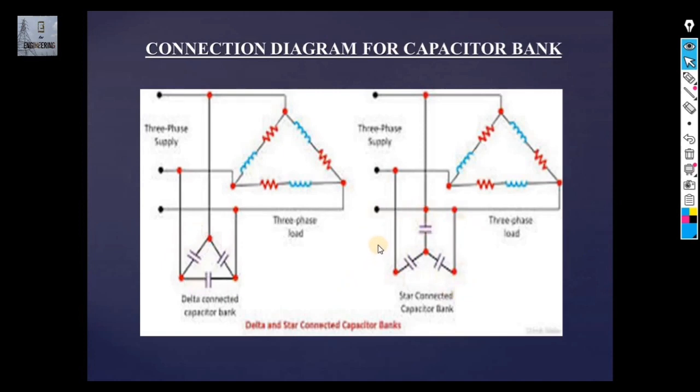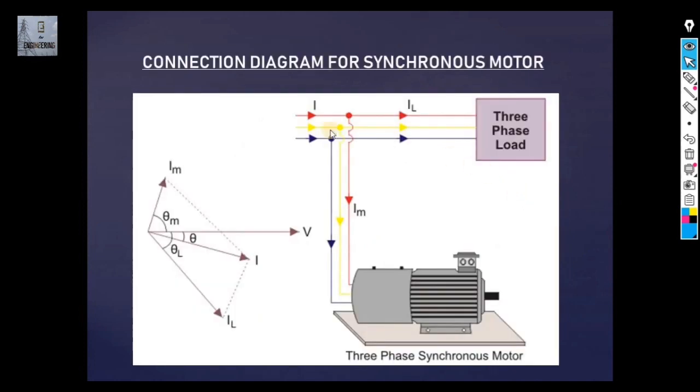One point is that the capacitor bank is used for both single phase and three phase circuits, but the other two methods, the synchronous motor and phase advancer, are used only for three phase purposes. This is a connection diagram for the synchronous motor, where you can see that an overexcited synchronous motor is connected to the three phase system.